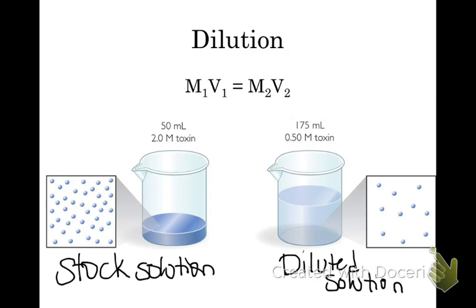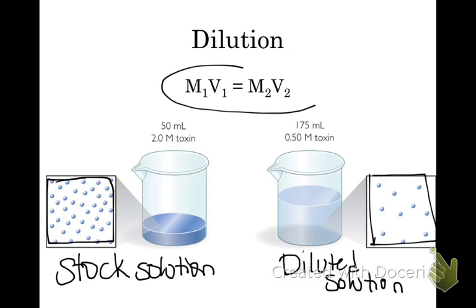So on the left-hand side, I have a beaker, and you can tell it's darker in color. There's more particles per area than there is on the right-hand side, the diluted solution. So I use this formula, M1V1 is equal to M2V2. My M is my big M, molarity, times the volume is equal to the molarity of the second solution times the volume of the second solution.